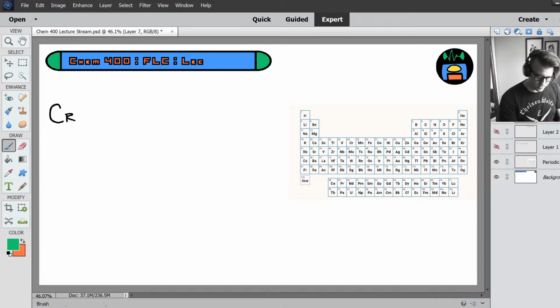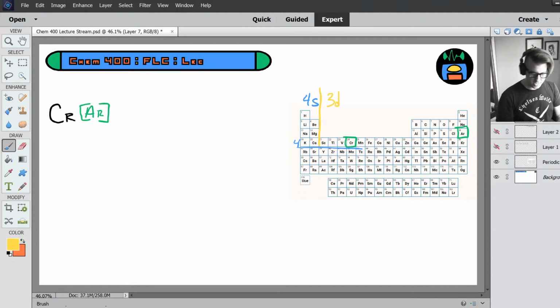So first, we got to find chromium. Its nearest noble gas with fewer electrons is argon. And now we got to find the period it lies on. It is on the 4th period, and it is going to involve the crossover from the S block to the D block.